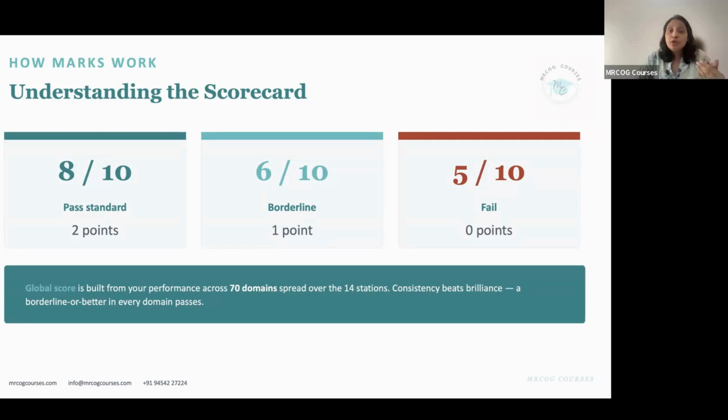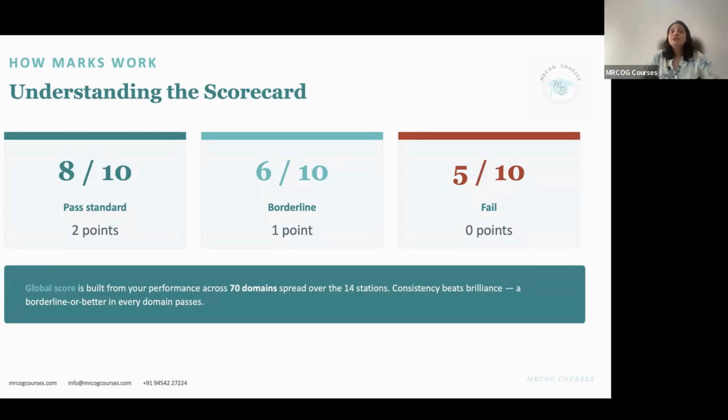But if you do not lose your confidence, you can still make it borderline. Some pass, some borderline and some fail is better than some pass and some directly fail. So borderline also sometimes helps you scale, and borderline can be achieved by following the basic principles, even without knowing the exact station.